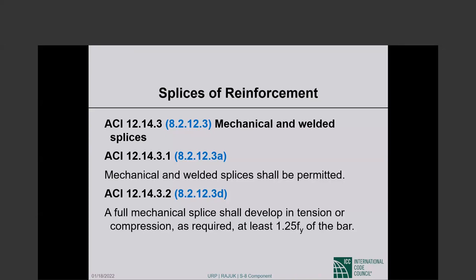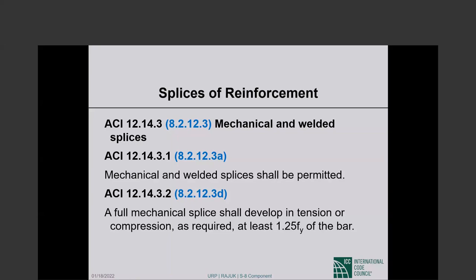Mechanical splices actually are very, very attractive in many situations because the laps can be long for larger bars. That gives you congestion, and placement of concrete becomes difficult. However, mechanical splices are expensive, and they also take up room. Particularly in a congested situation, imagine a column.